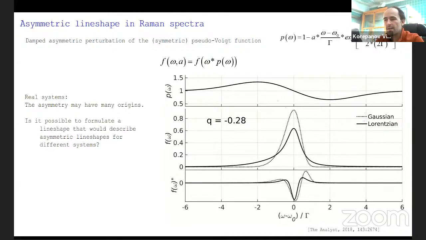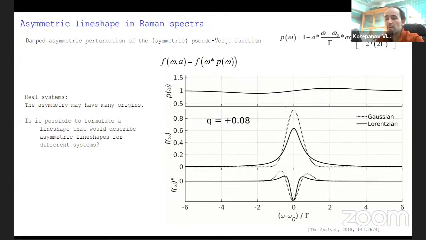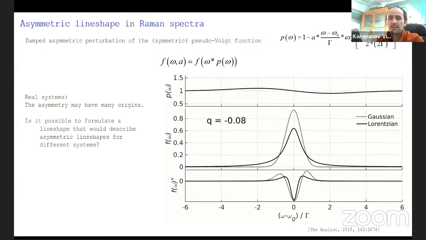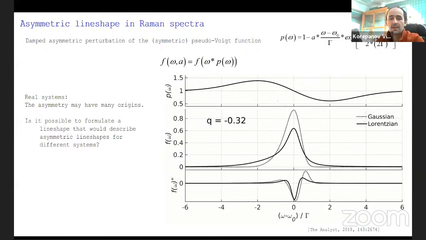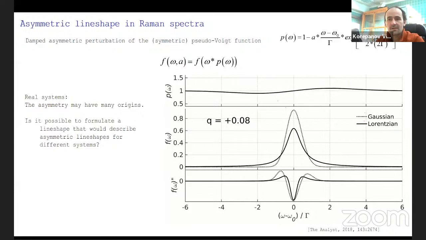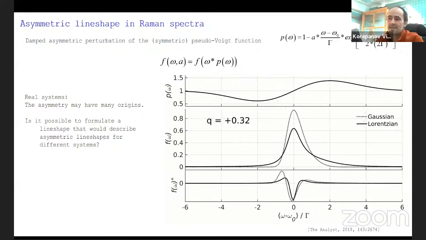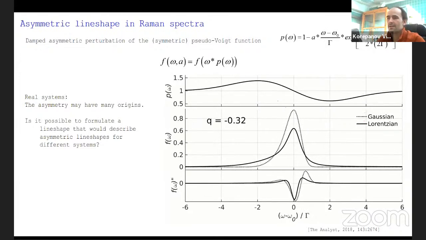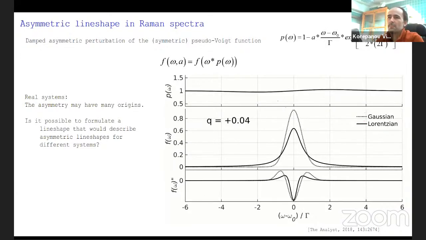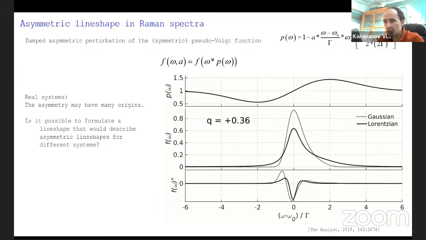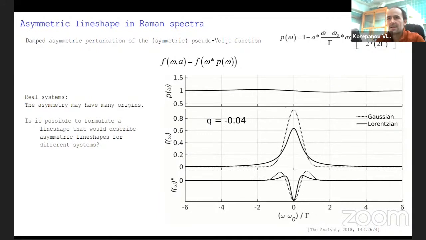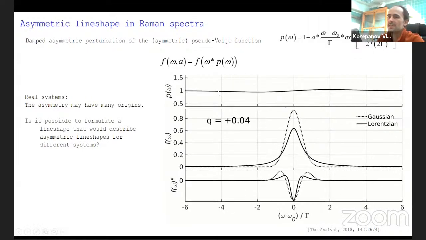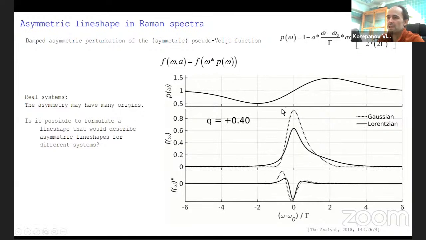The question is whether we can formulate a function that would be flexible and would give a good description regardless of the physical origin of this asymmetry. In mathematics, if we apply an asymmetric perturbation to the symmetric function, and this perturbation should be damped on the top curve here, this is the damped perturbation.